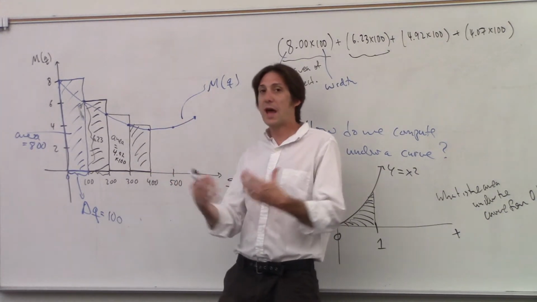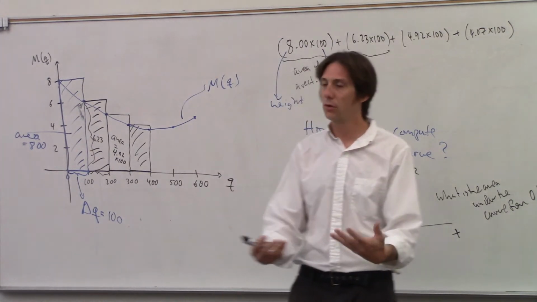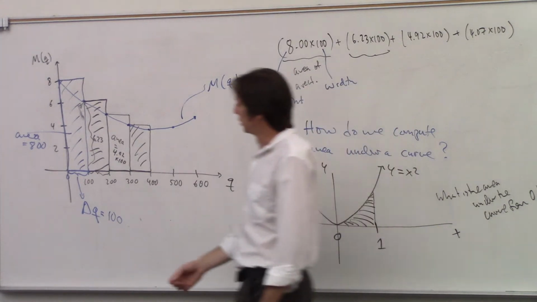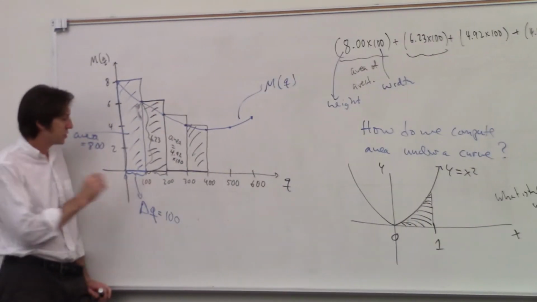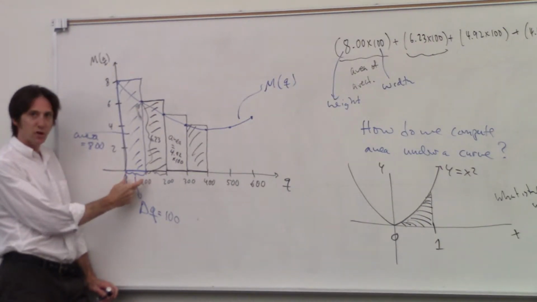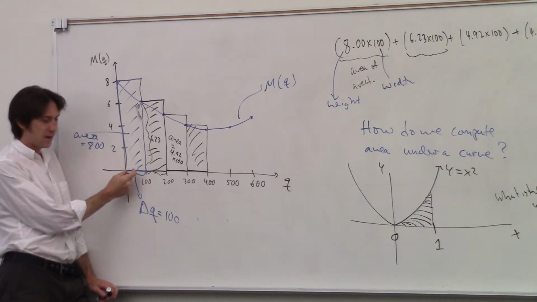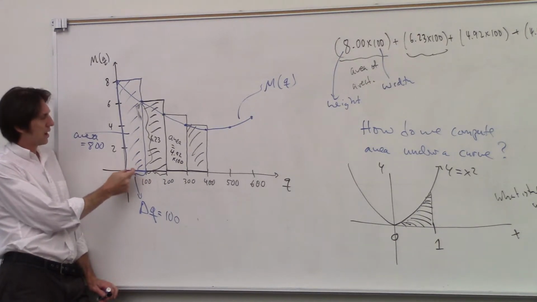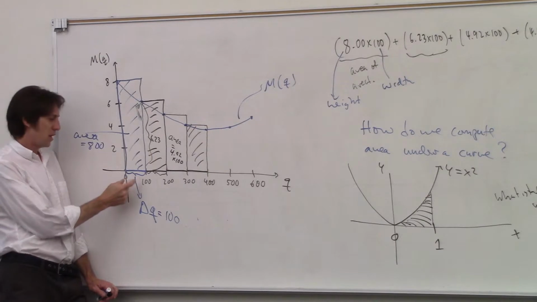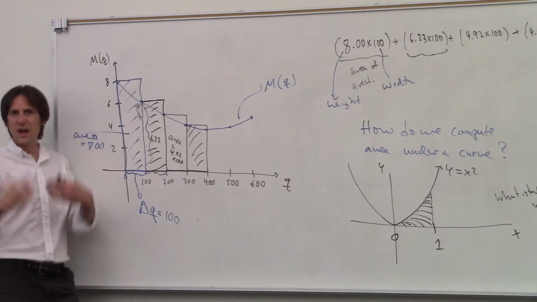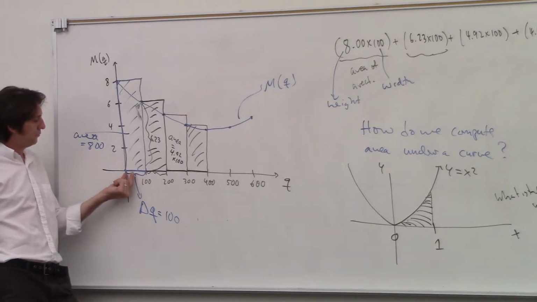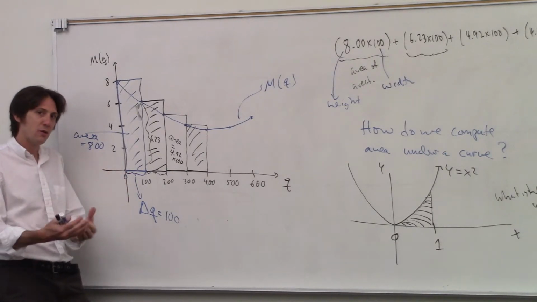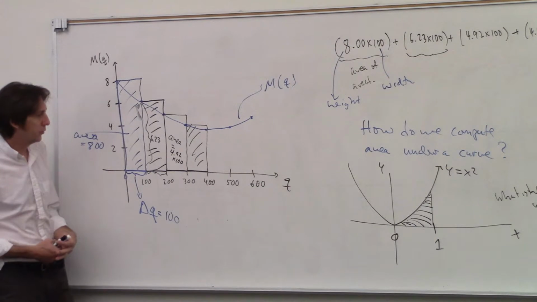And so if I wanted to get a better sense of what the total cost was, what I should do, and this will maybe make more sense in a minute when I show you another picture, is that instead of looking at production from 0 to 100, maybe I could take a narrower little rectangle here. Maybe I could think about production from 0 to 50 if I had that data. And if I could do that, then I would be getting a more accurate picture of what the total cost was.